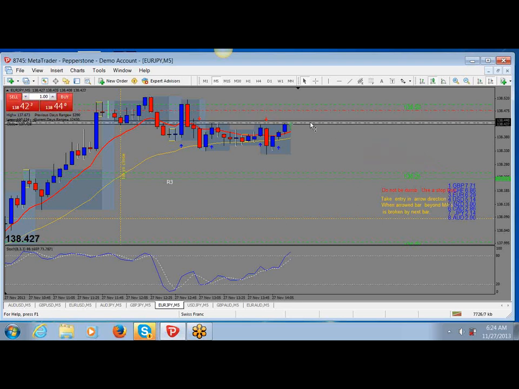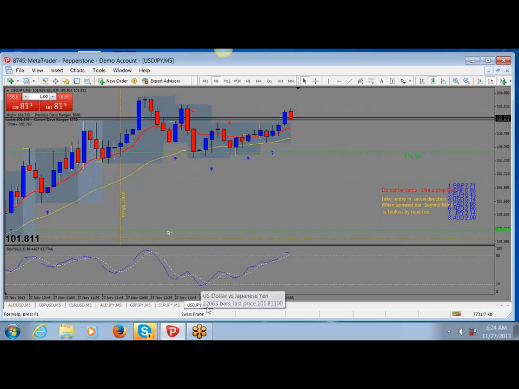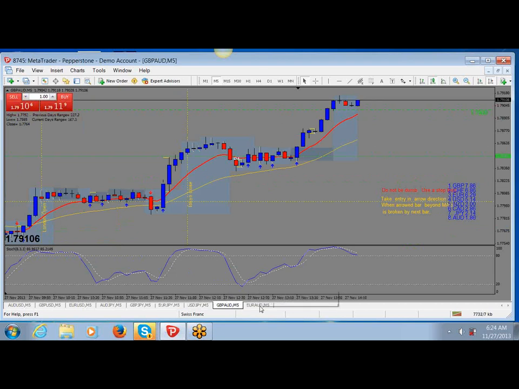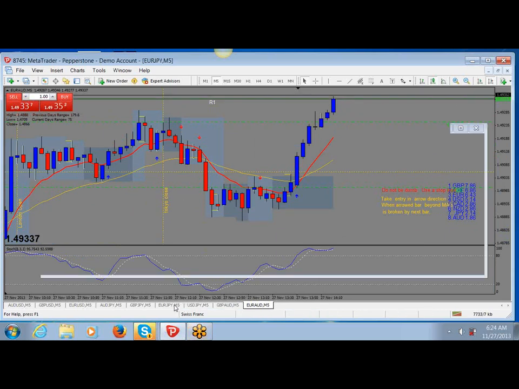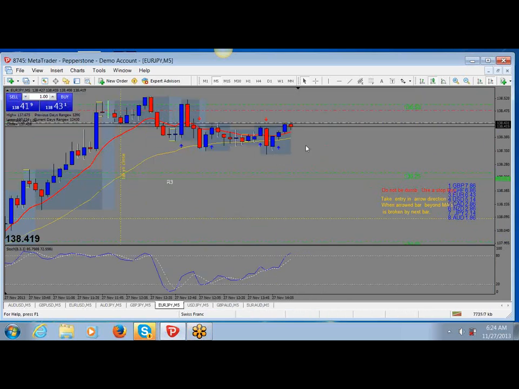I'm right at break even now. Seems to be stuck there for about the last 10 minutes. It's a nice little trade right there. And that's going to loop down again.